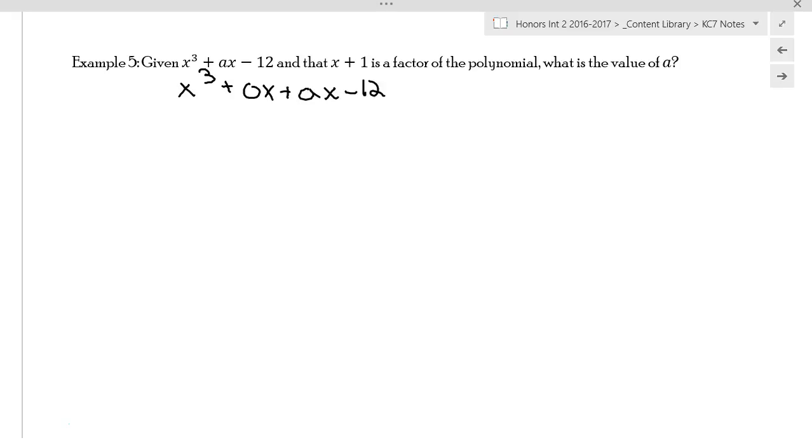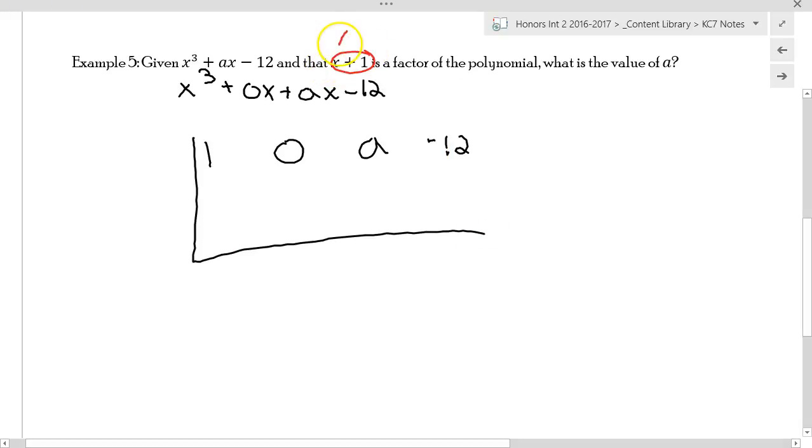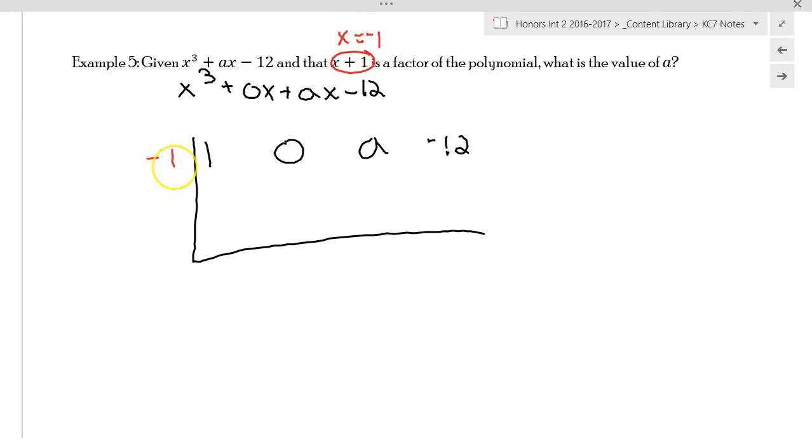So then when I set up my synthetic division, I have 1, 0, a, and negative 12. What goes on the outside comes from here. Right? I have to switch the sign. So x equals negative 1.